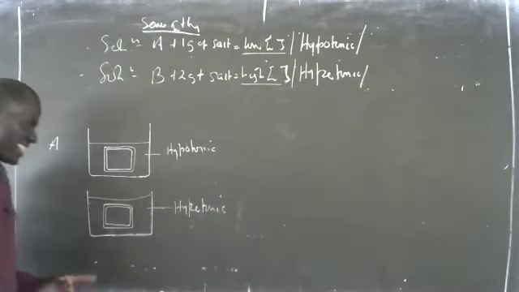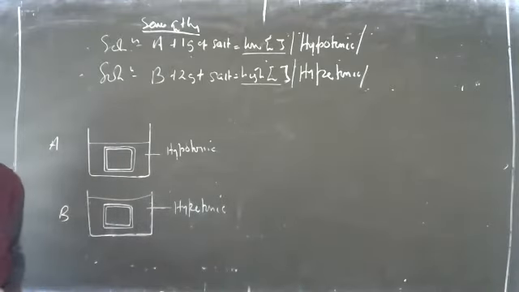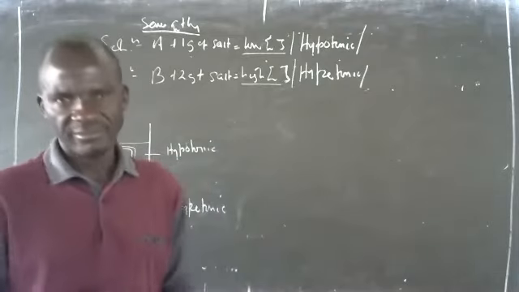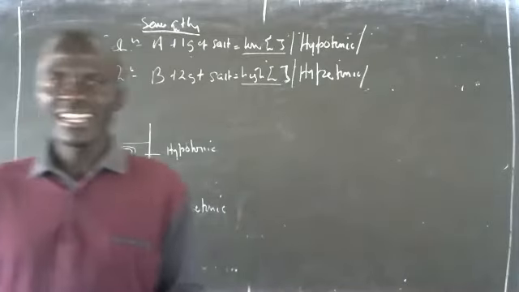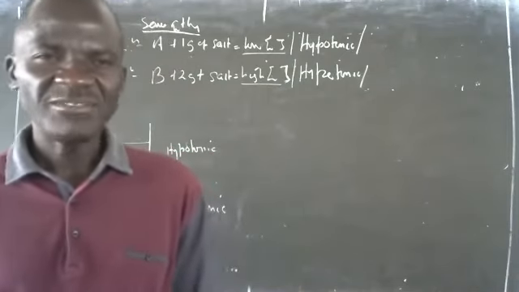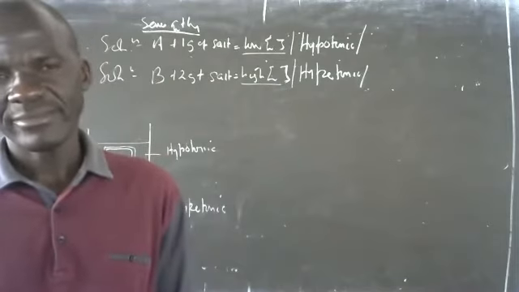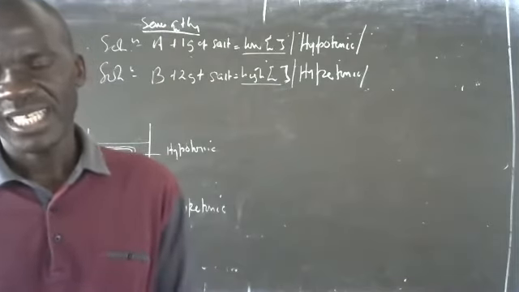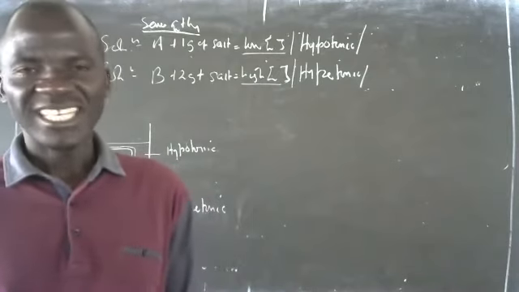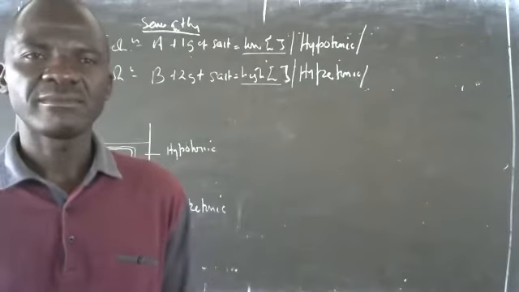What does that mean? When I say B is hypertonic, then you have to ask me, hypertonic to what? Like if I say you are taller, it's different from someone saying you are tall. "You are tall" is not comparative. You're not comparing with anything.